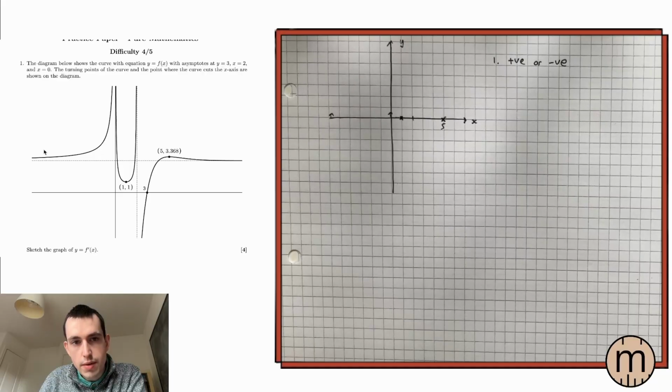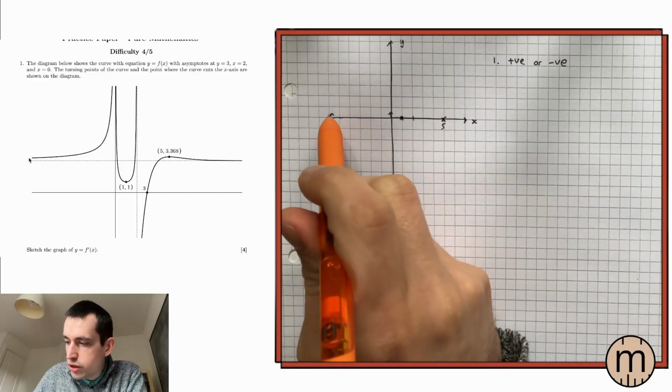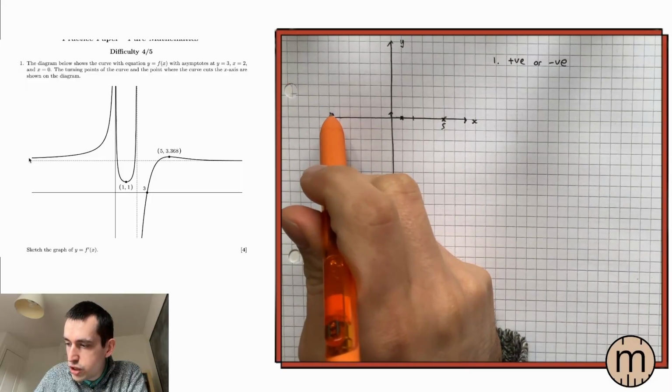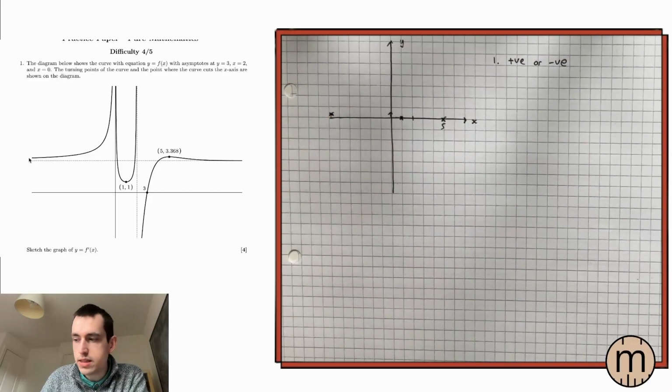We do notice, however, that this is very close to being stationary. It's not actually stationary, it's not actually flat, but it's an asymptote. It's very, very close to being flat. So what we could do is put a little x just above the x-axis, just to say it's really, really close to 0, but it's not quite 0.